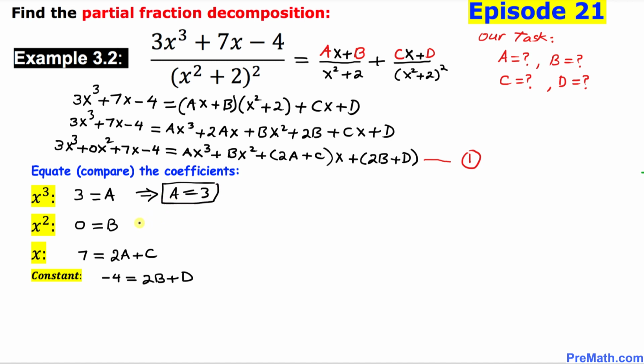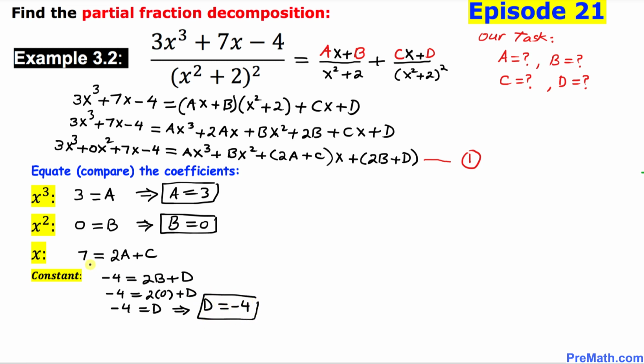So thus we can see that 3 equals a means that the a value is just 3, and in the second equation b can be written as 0, and here in the constant section, this -4, and we know that b is 0, so 2 times 0 plus d means -4 equals d, meaning that d turns out to be -4.